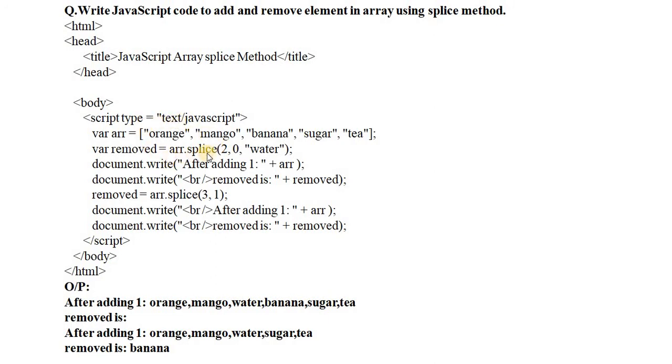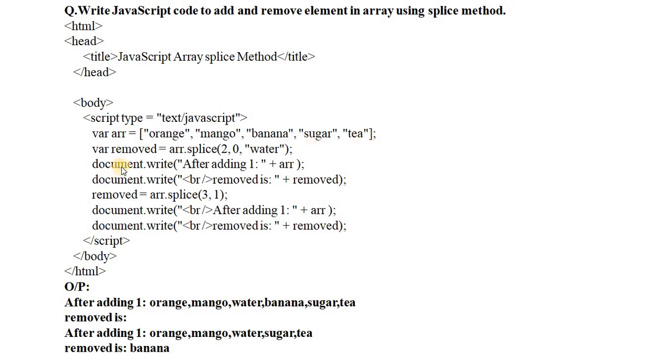So array.splice(2, 0, "water"). At the index of 2 we add the water. So the array after splice is orange, mango, water, banana, sugar and tea.